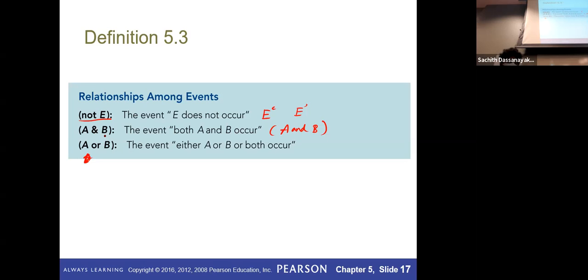A or B is the event either A or B or both. So three things can happen: only A, only B, and also the combination of these two, A and B. If you have "or", you have to remember this: A, B, or both. But if you have "and", definitely the third one, both A and B.